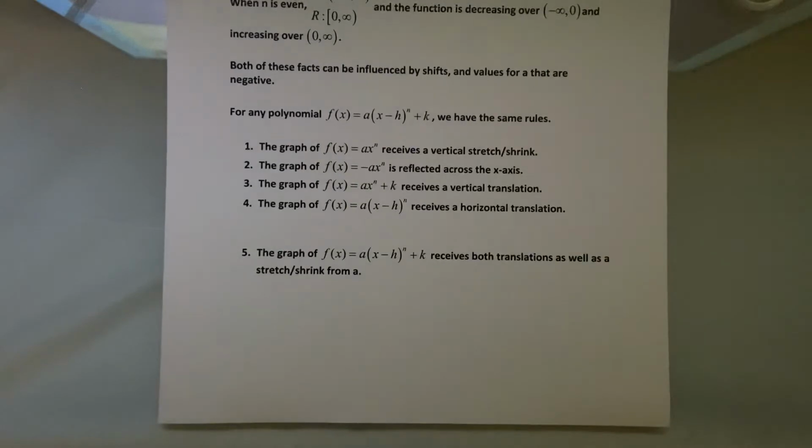The multiplier in front can be a vertical stretch or shrink, a negative is a reflection, and h and k can move left, right, and up, down. The graph of a function f of x equals a times x minus h to the n power plus k receives both translations as well as a stretch and shrink from a. Of course, we like to do our stretch and shrinks when we're describing it before we do anything else.